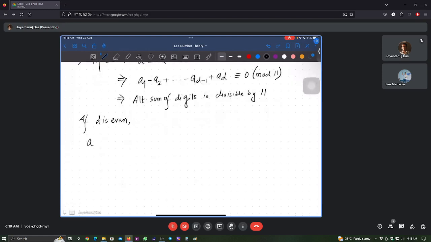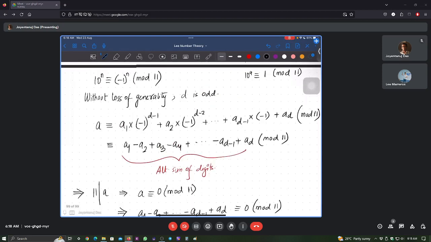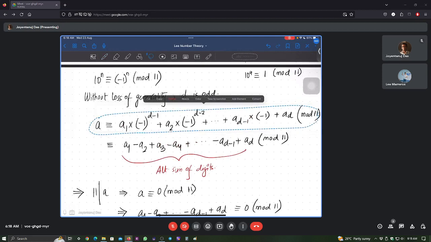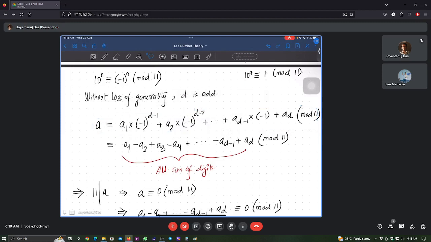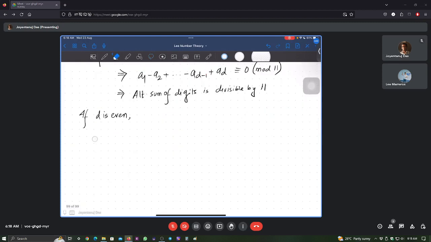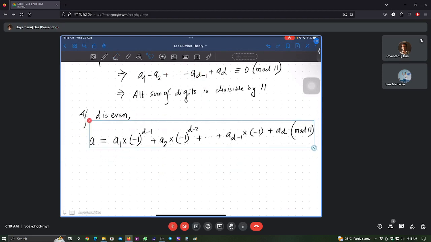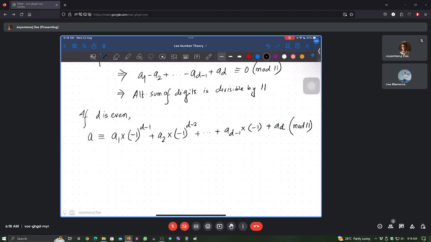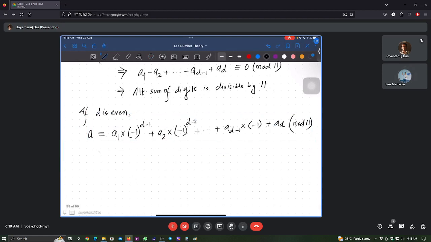Let us copy this one. So if d is even, then d minus 1 is odd, so it will be minus a1 plus a2 minus a3.